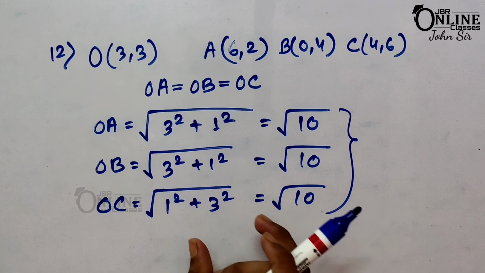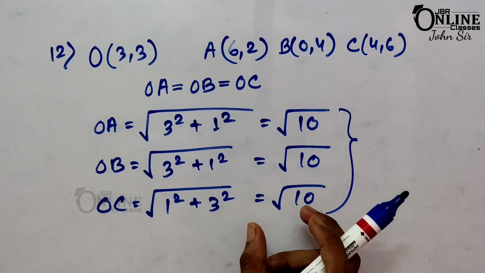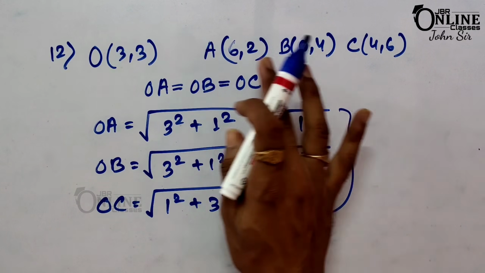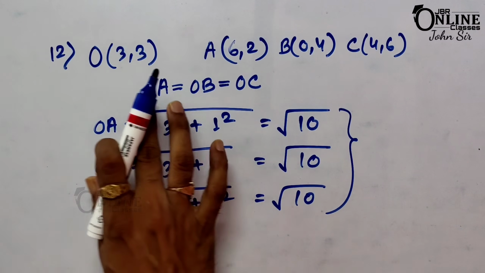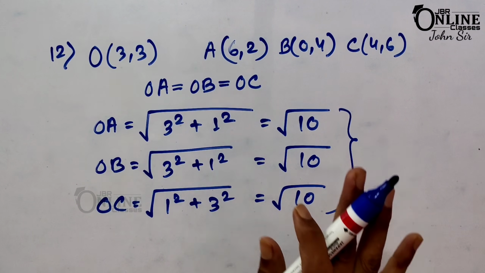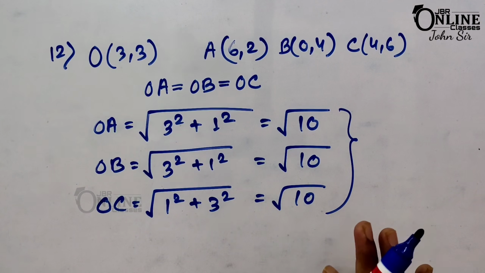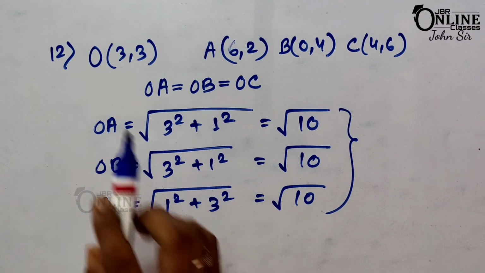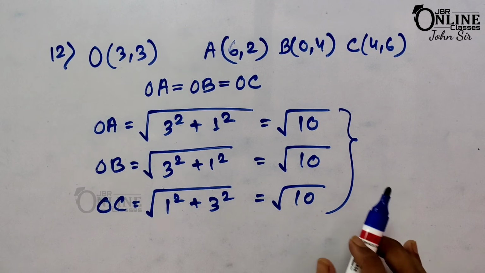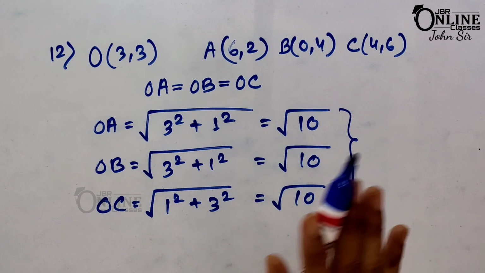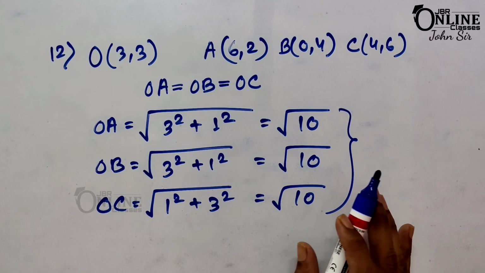Okay, and O is the center of the circle passing through the points A, B, C. As these three lengths or distances are equal, definitely O is the center, and these 3 points are on the circumference of the circle.